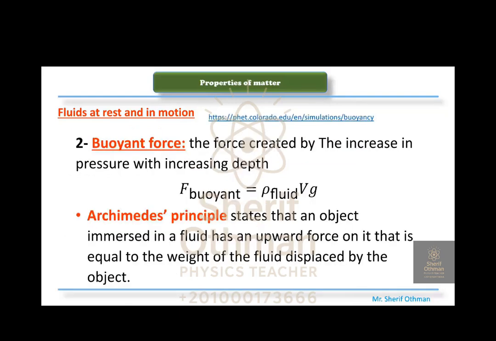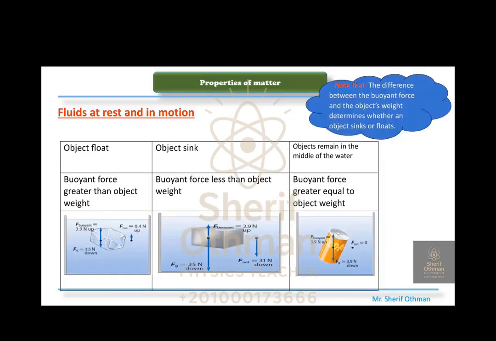What is the meaning of buoyant force, guys? Buoyant force is the force created by the increase in pressure with increasing depth. Let's say that buoyant force is found by the amount of water displaced by immersing a certain object inside the water or inside a fluid.